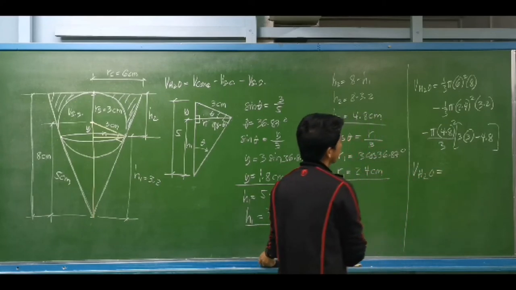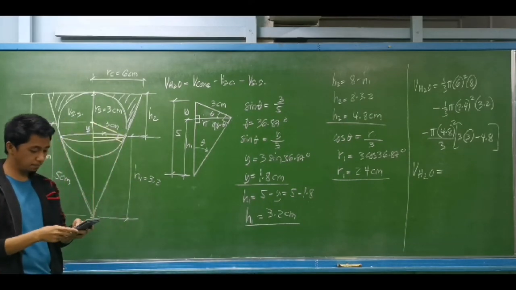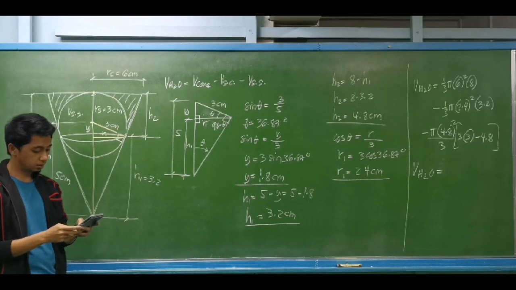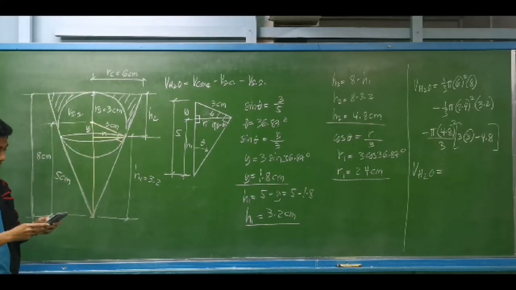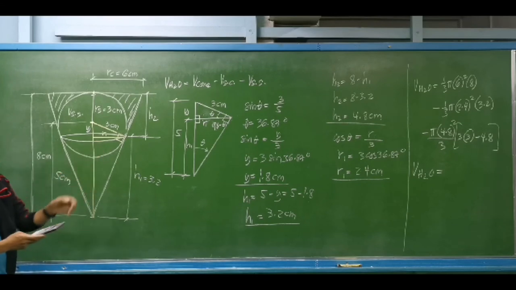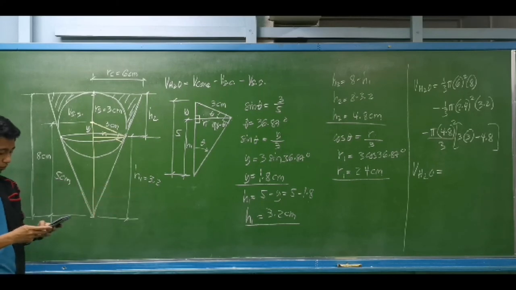Equal to, so yung total volume ng cone, this is 1/3 pi of 6 squared times 8. Ay minus yung volume ng small cone natin, that is 1/3 pi. Ano yung nakuha natin na R1? That is 2.4 squared. Ano yung kanyang height? This is 3.2.